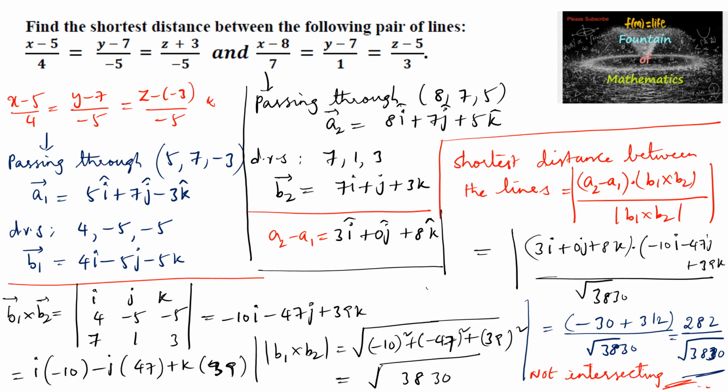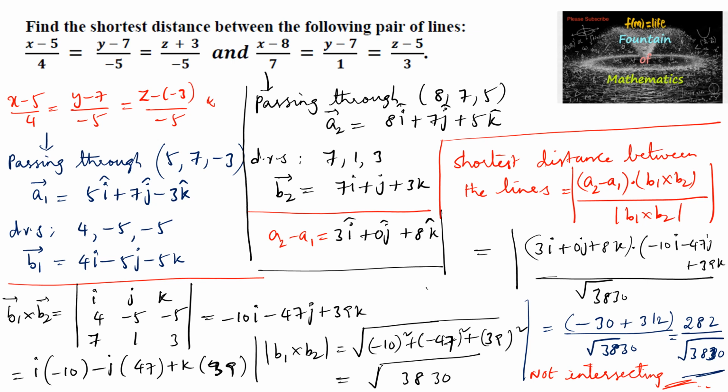So let us find a2 minus a1. a2 minus a1 is equal to 8 minus 5, that is 3i, 7 minus 7, that is 0j, and 5 minus of minus 3, that is 8k. This is a2 minus a1.